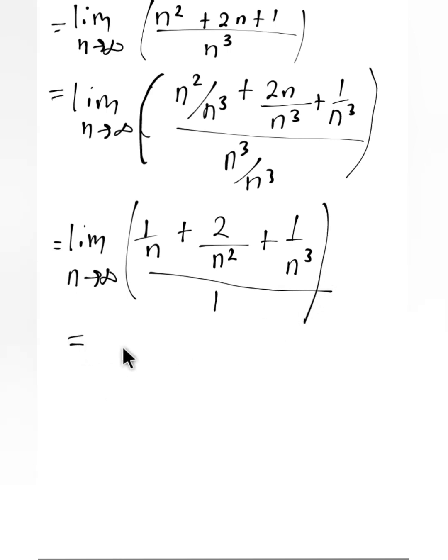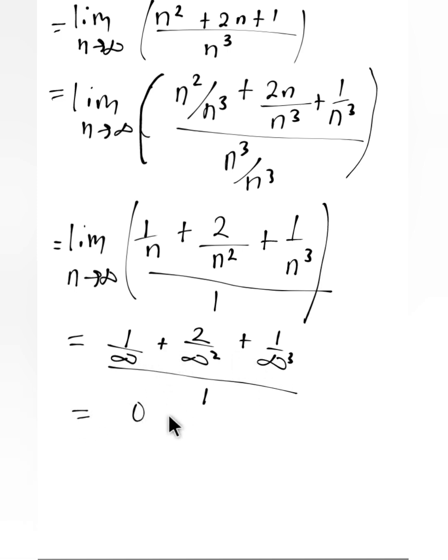Now if we put infinity in place of n, we get 1 over infinity plus 2 over infinity squared plus 1 over infinity cubed, all over 1. All of these terms are 0. So this is 0 plus 0 plus 0 over 1, which equals 0.